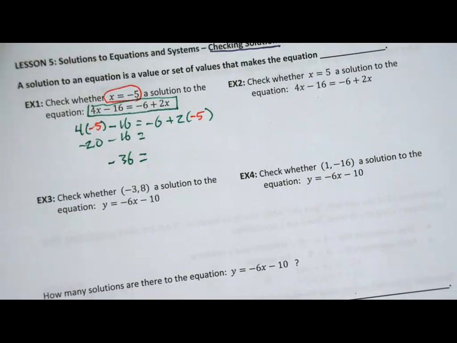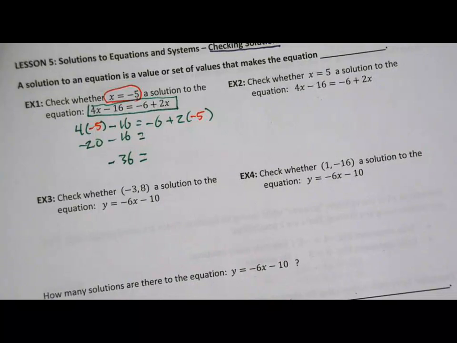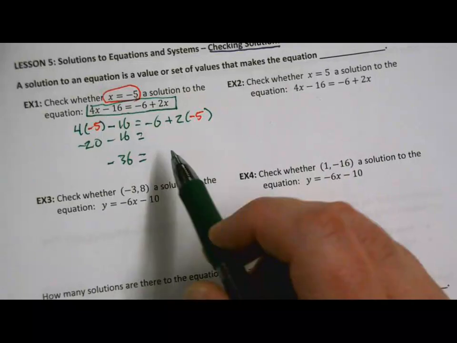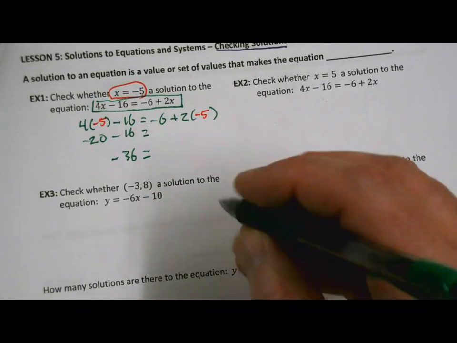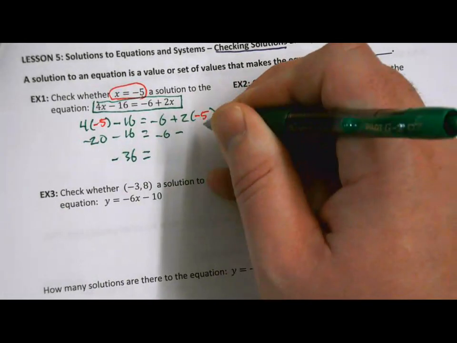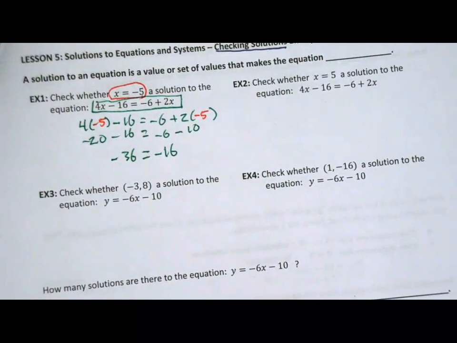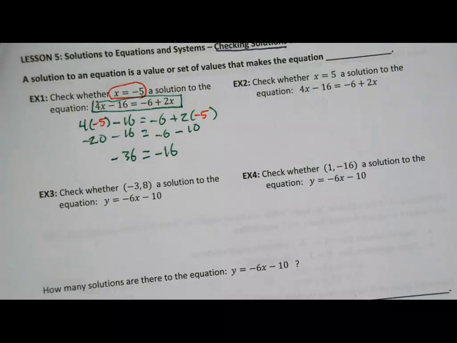You check me and see if you agree with that. That's what you're getting in your calculator? Perfect. And if you type in this side, -6 plus 2 times -5, I think you're going to get -16 on that side. Is that what you got?